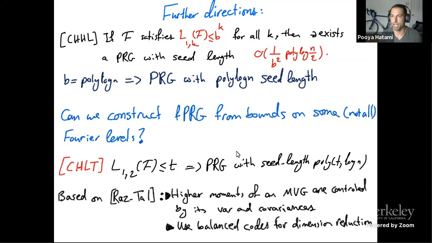You use good balanced codes to do this dimension reduction, and then you discretize this whole construction. This is very high level and hand-wavy, but that's as much as I'm going to say about this construction. Something interesting is that epsilon-biased distributions also enter the picture, but in a different way, for constructing these balanced codes. Our best constructions of these balanced codes are the optimum constructions we know for epsilon-biased distributions, and they come into this picture again, now in the construction of how to sample this MVG in low dimension. Very good point.